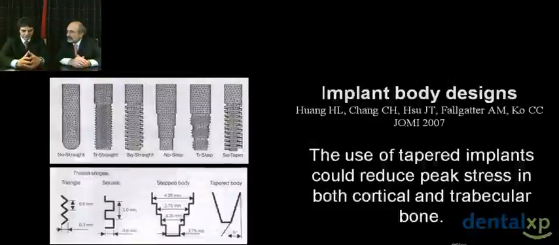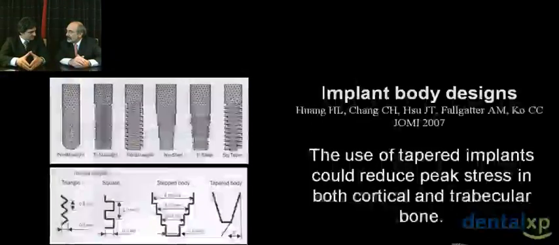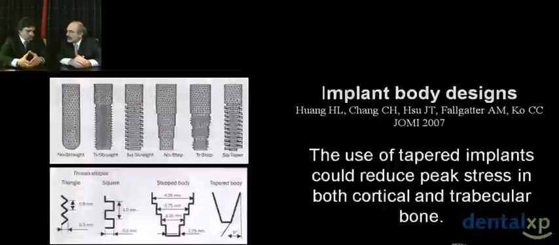And this has been shown in simulated computer models called finite element analysis that, you know, the engineers use to build up buildings and bridges, all this kind of stuff where they have to understand what's the effect of load on the structure. They use the same models to understand the effect of the load on the peri-implant bone.